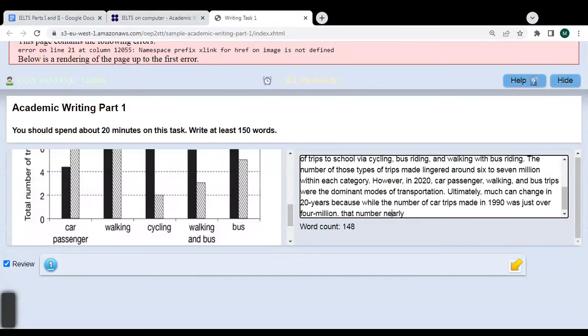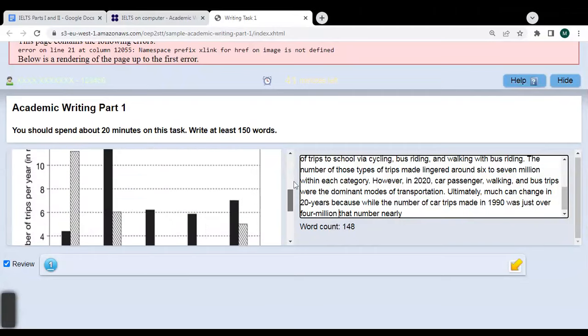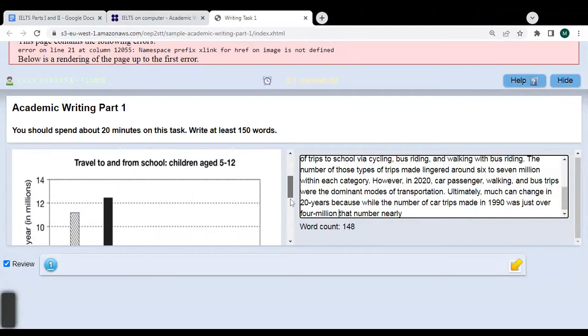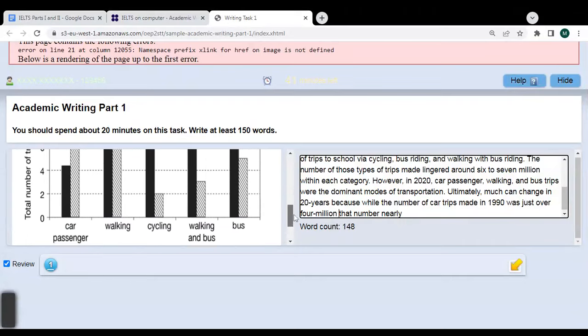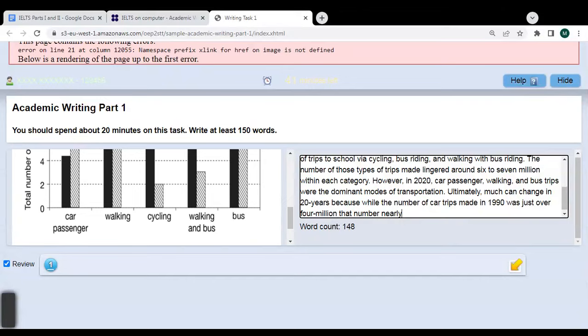Okay, 41 minutes remaining, writers? So really like 1 minute for me. That number nearly, so it went from 4 to 8 to 11, almost tripled.